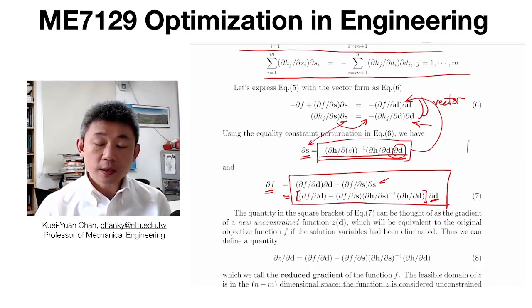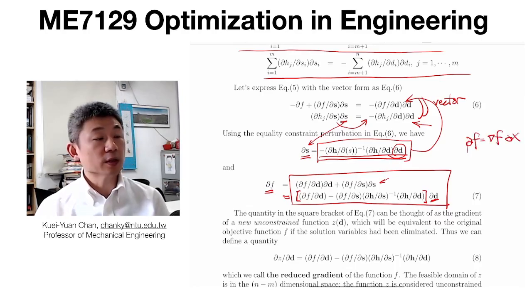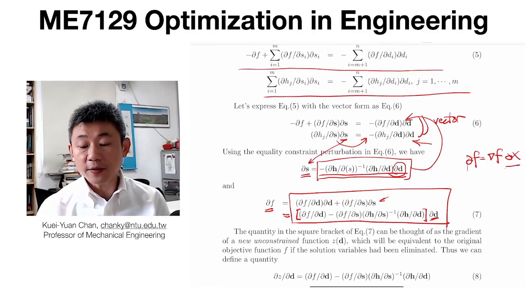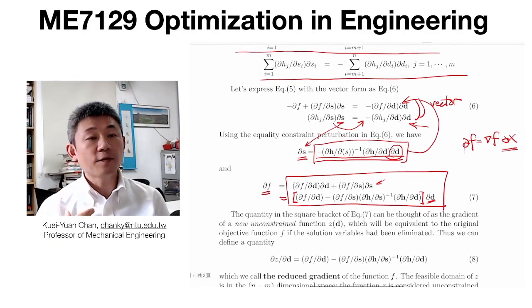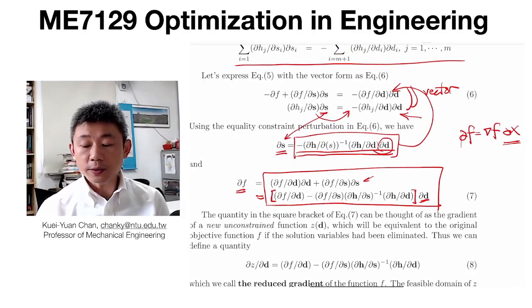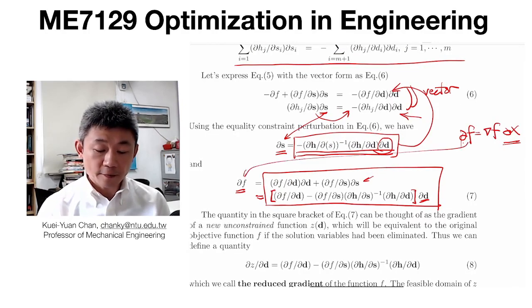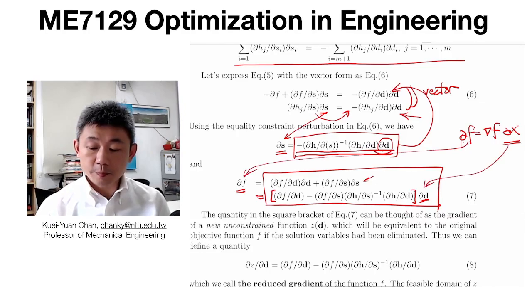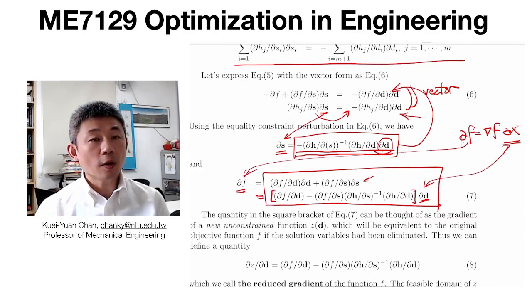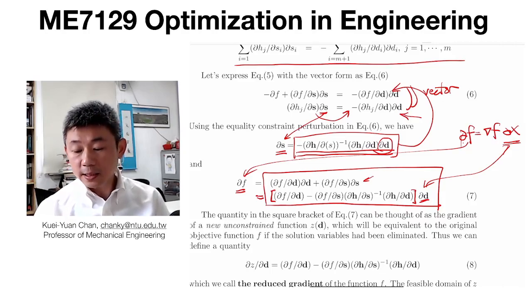In the previous unconstrained problem, we have the perturbation of F, gradient F, perturbation of my design, because I don't have constraints, so all the design variables are my freely changing variables. Now, if we compare this, this is the perturbation of F, and this is the perturbation of my design or my decision.